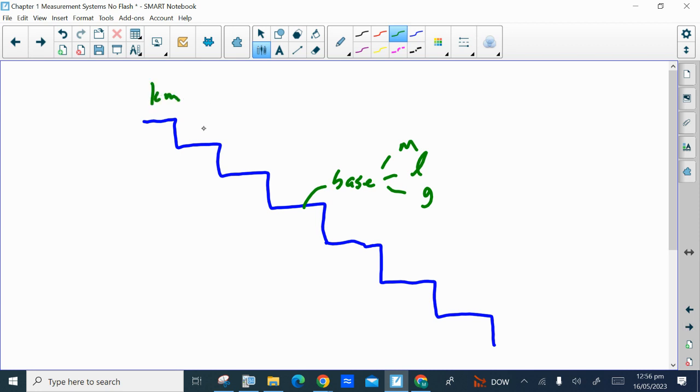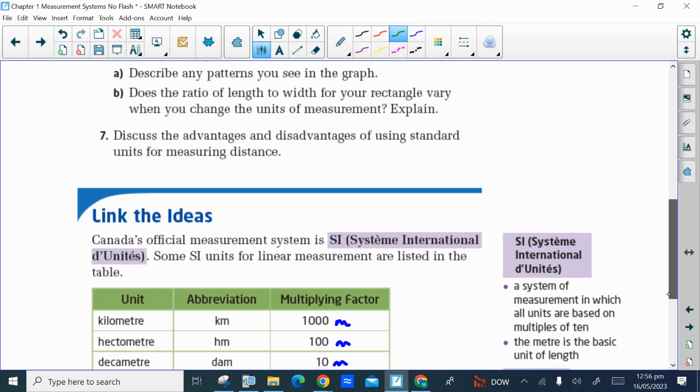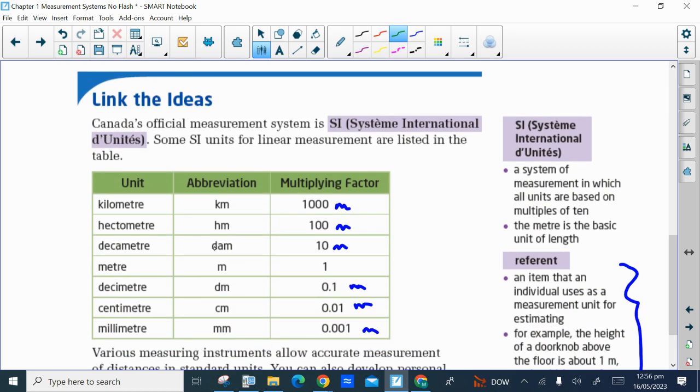So kilometers, hectometers, and DAM for decameters. Actually I need to write DAM instead of DCA. That's fine. Doesn't matter. We'll leave it like that.